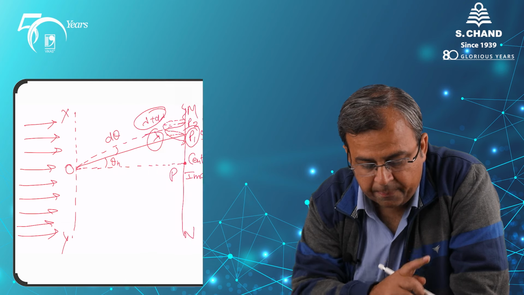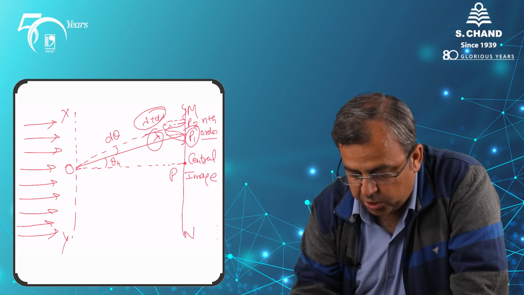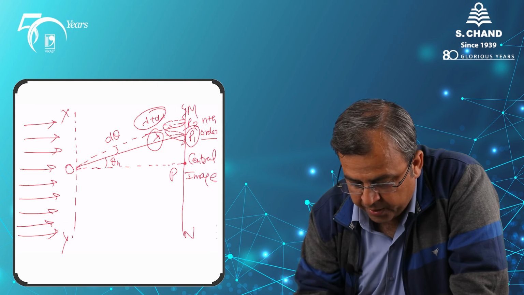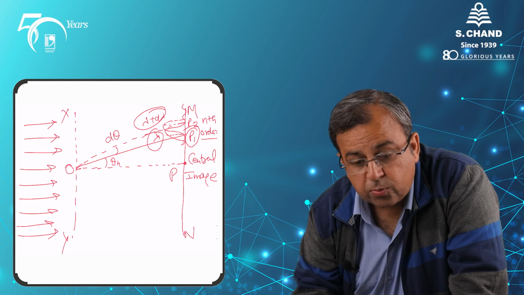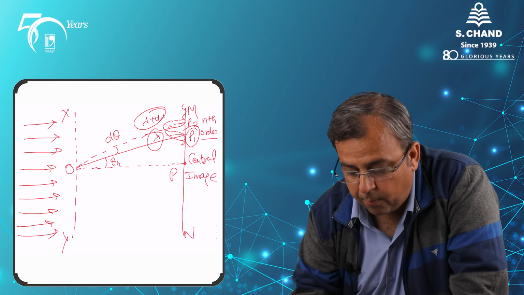Now, the answer is when the Rayleigh criterion is followed. So what does it mean? It means the two spectral lines, according to Rayleigh, will appear just resolved if the position of P2 also corresponds to the first minimum of P1.